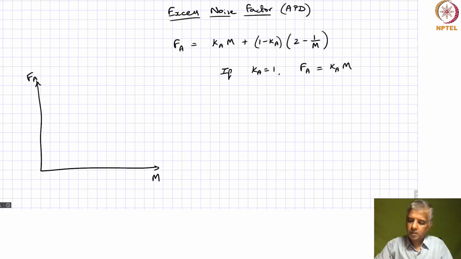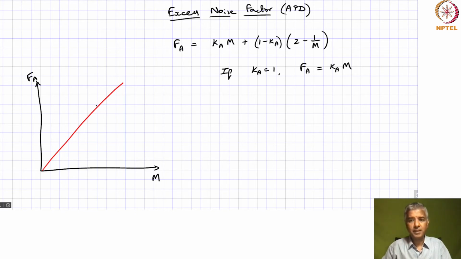Okay. So let us look at the case of Ka equals 1. If we were to draw that, that's just basically a linear relationship, with a slope of 1. So it's just a straight line. So what does that tell you?